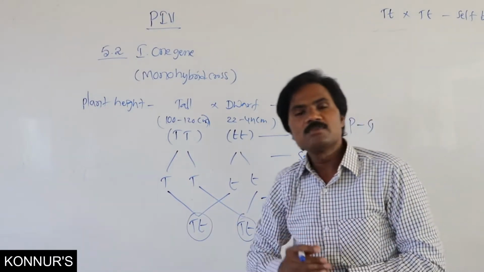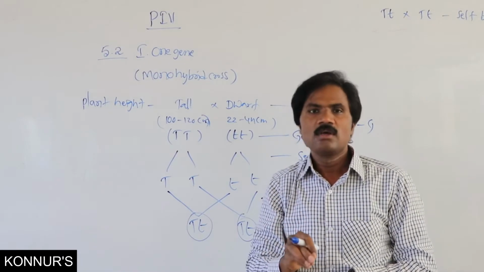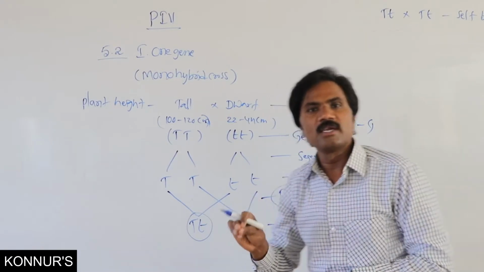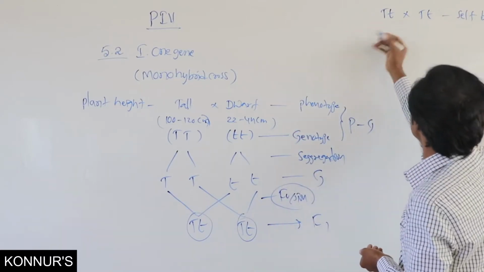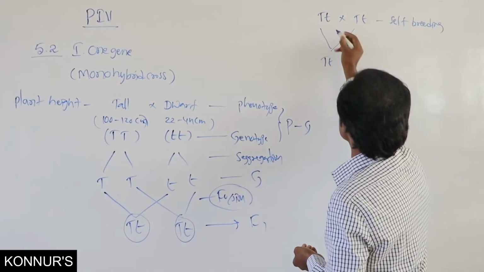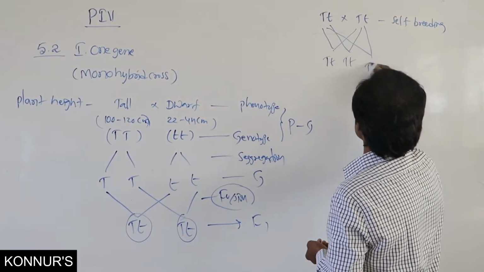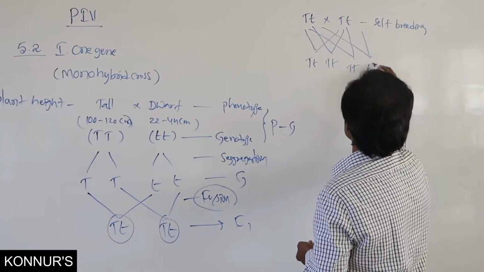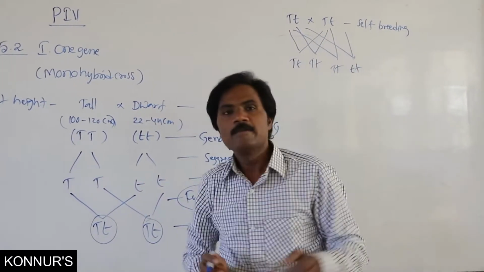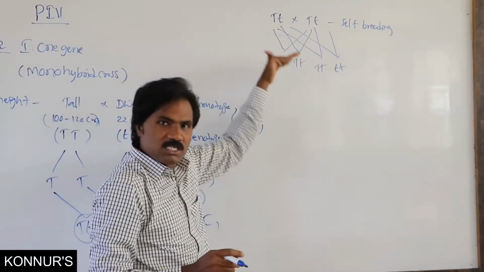Then it forms homozygous tall, heterozygous tall, homozygous dwarf. Here also, before formation, similarly the gametes will be formed.